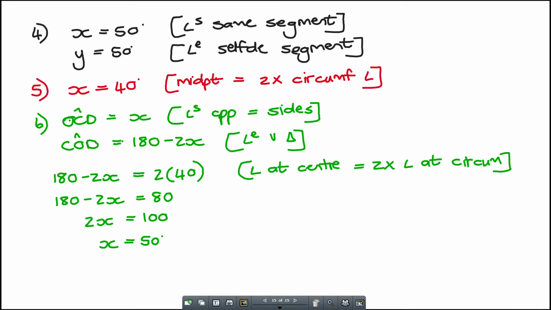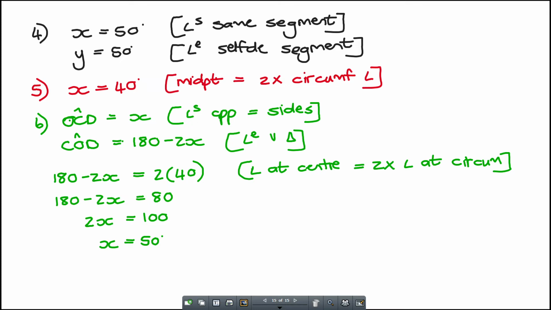Okay. Wat het jy gedoen? O, okay, jy het gesê die middelpunthoek is 80. En toe sê jy ja. Okay. Ja, perfect.